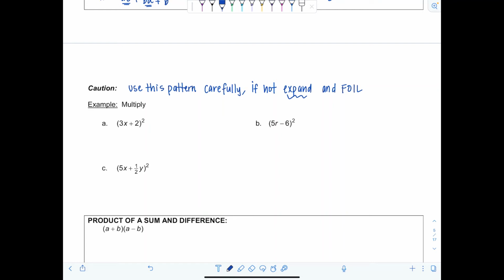Okay, so here we go. We've got 3x plus 2 quantity squared. So 3x is your a and 2 is your b. So here's the pattern. You take a and you square it. Since it's 3x plus 2, I'm going to put a plus now. And then you have 2ab.